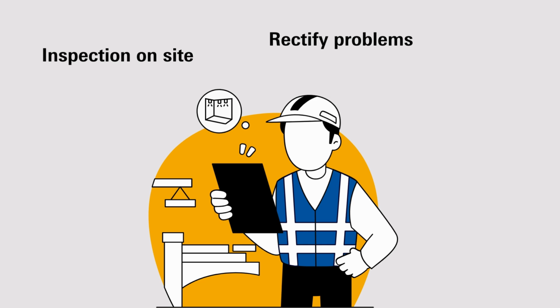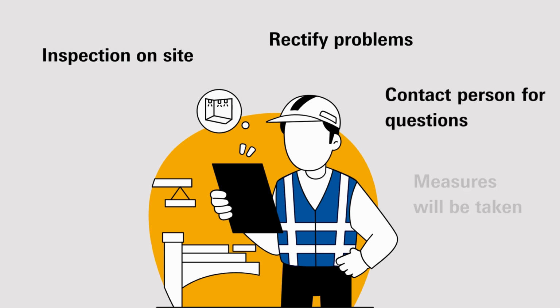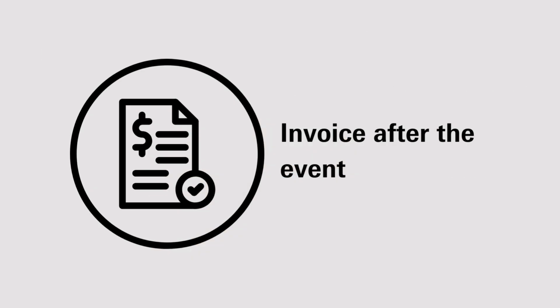Naturally, the structural engineers on site are your first port of call and will be happy to assist you with any questions. Measures will be taken in cooperation with technical event management to rectify any problems. You will also be charged for this structural inspection. The fees will appear on the invoice that we sent out after the trade fair.